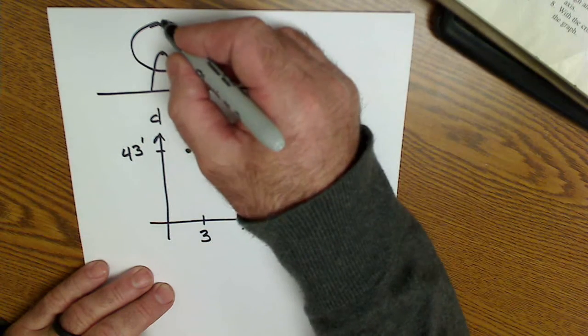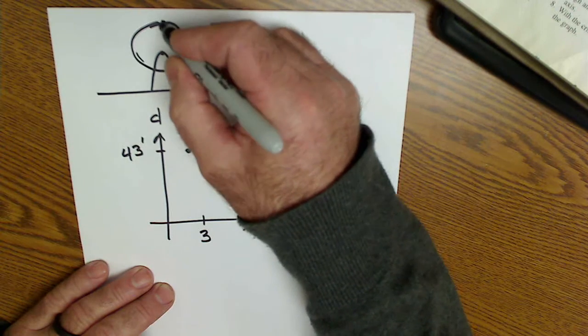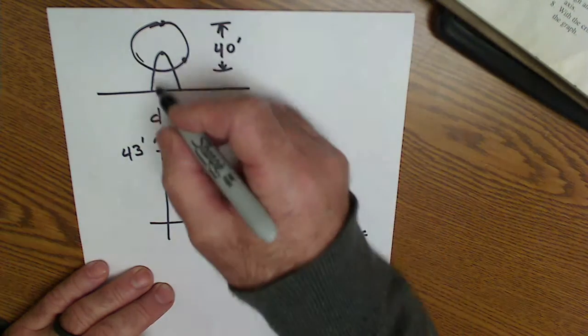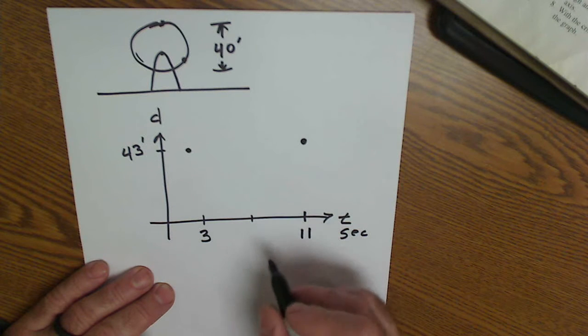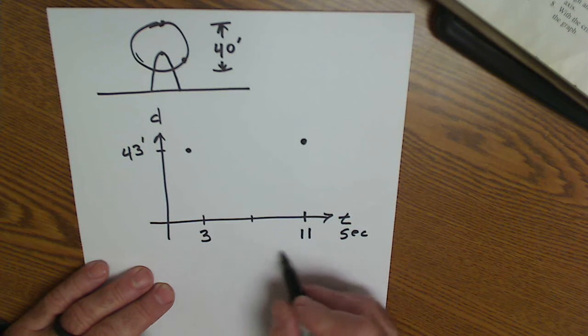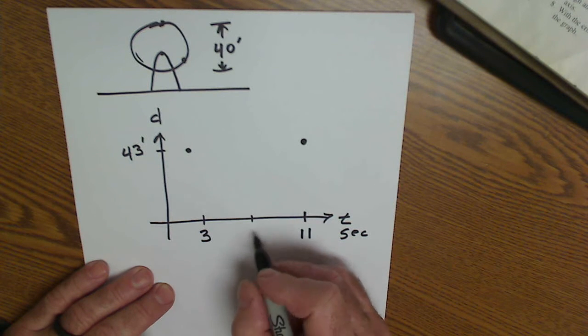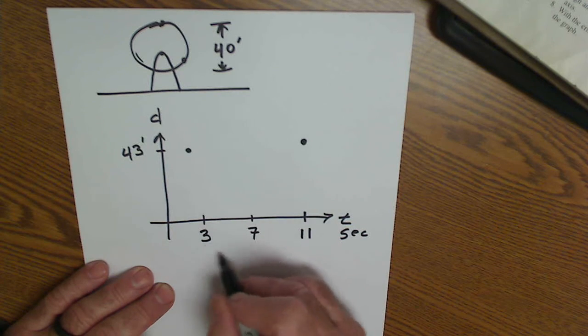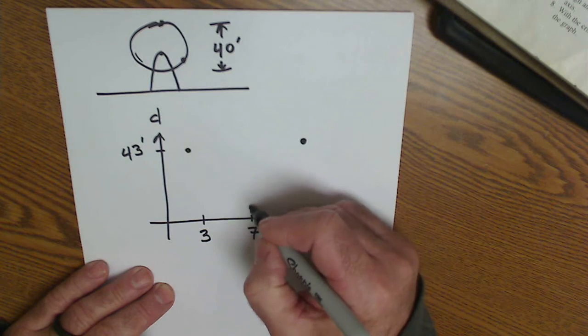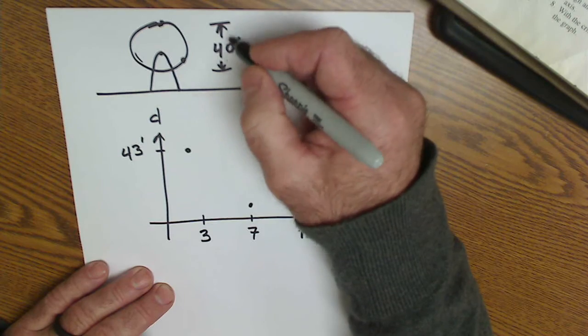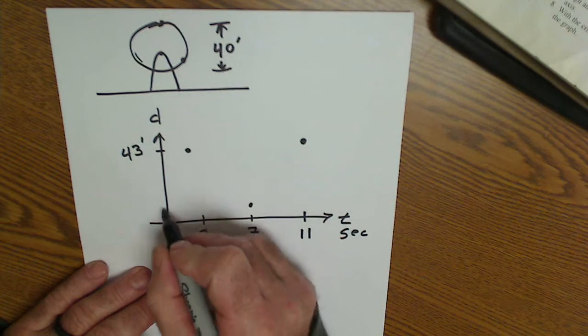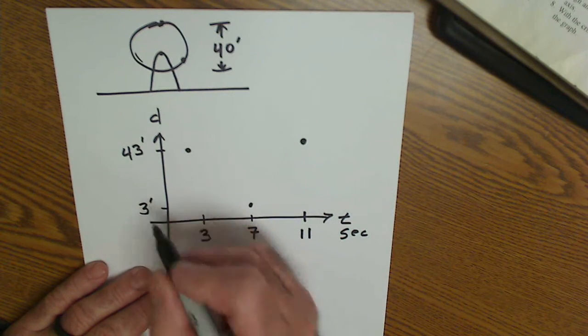So at 3 seconds I'm here, 11 seconds I'm here, and my low point right here will be halfway between the two. So if this distance is 8, this distance is 4, so plus 4 plus 4, and the diameter is 40 feet of this wheel, so the lowest I'll ever be is 3 feet.